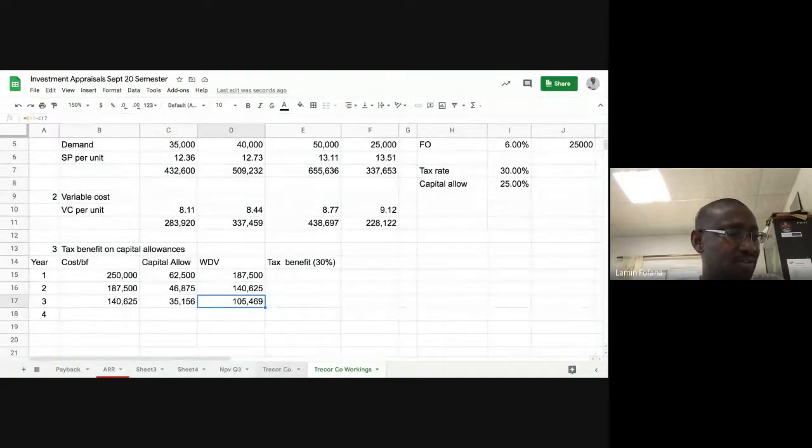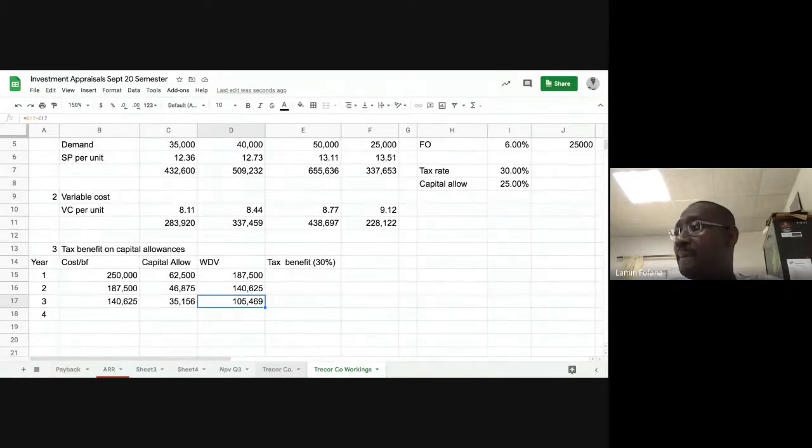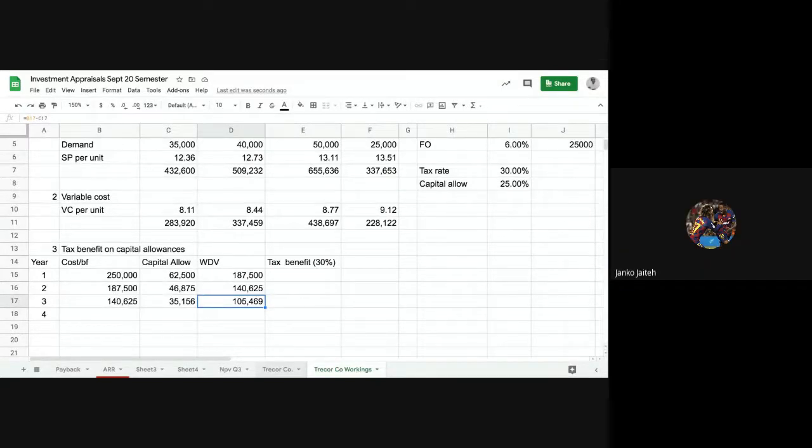Okay, 105,469 will be our WDV value in year 3. So far so good, everybody? Yes.